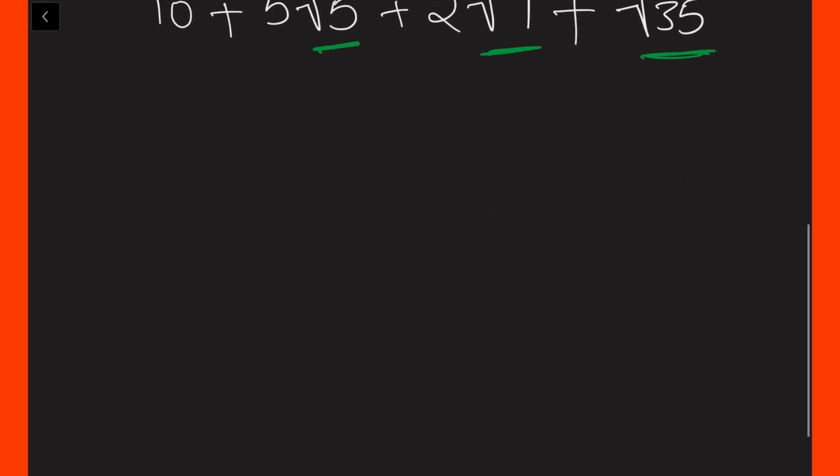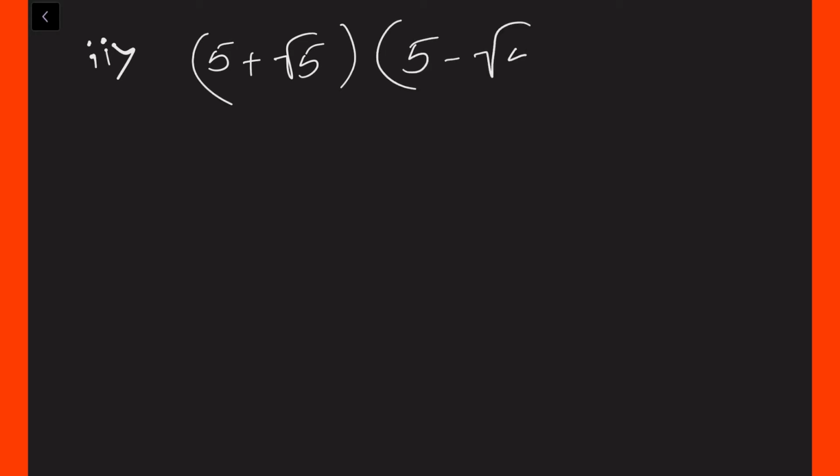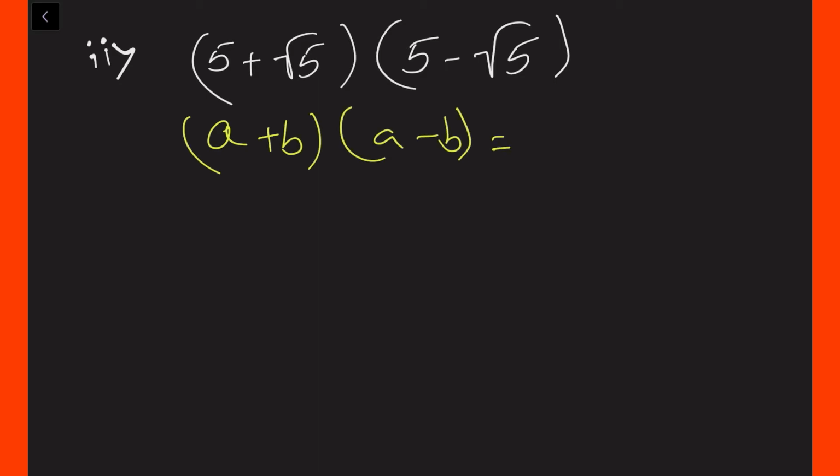Next, second question in this first bit: (5 + √5)(5 − √5). If you observe this question clearly, this is in the form (a + b)(a − b), which is nothing but a² − b².